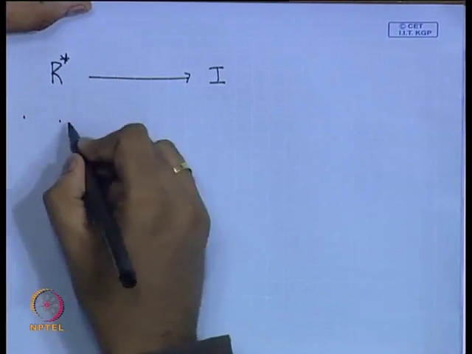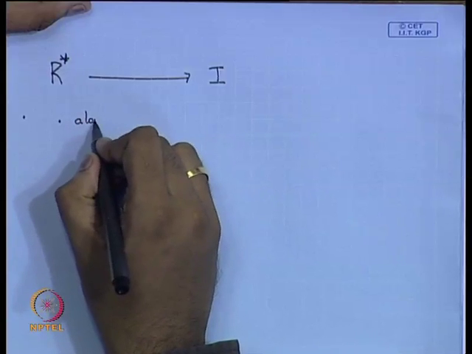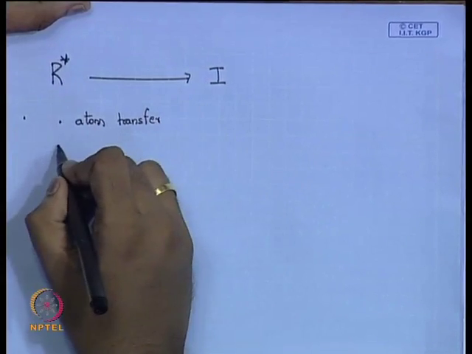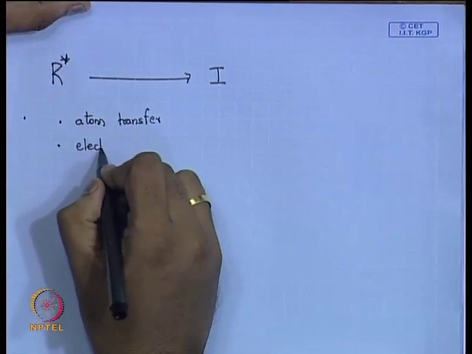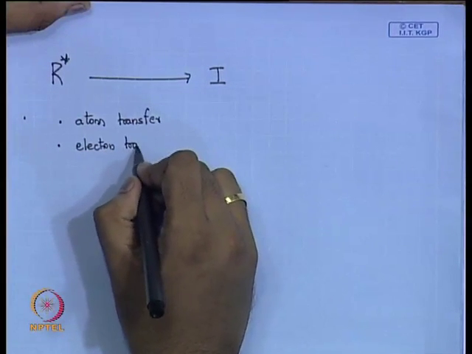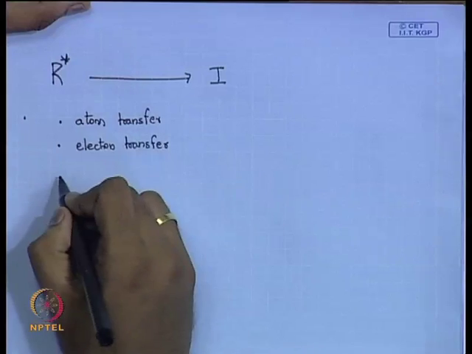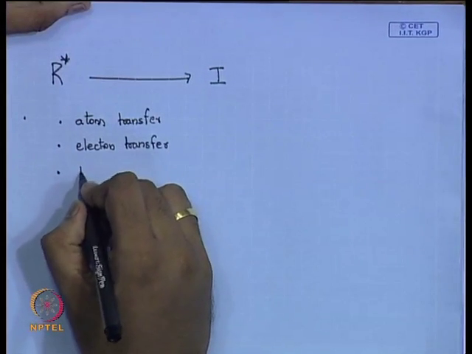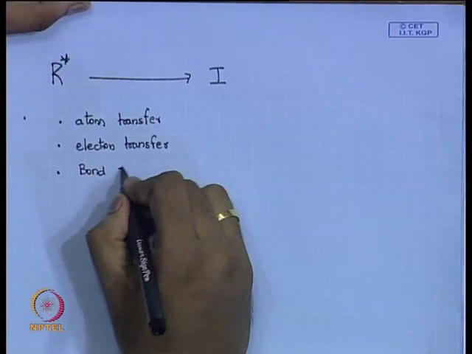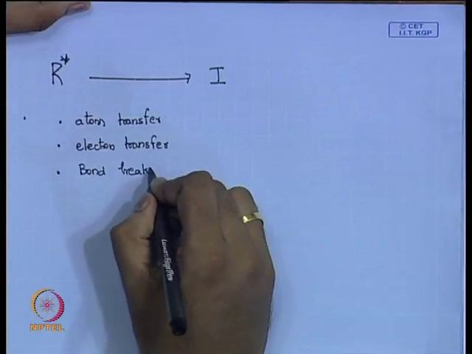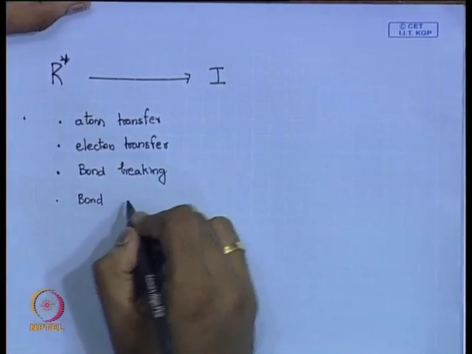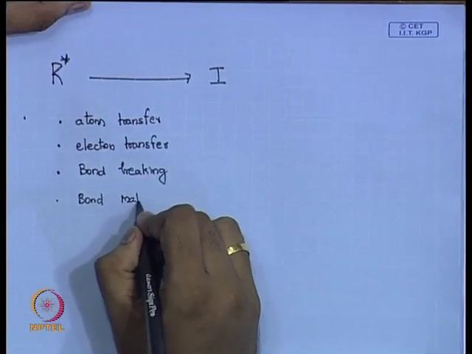Your R star can do an atom transfer, it can do an electron transfer, or it tries to do bond breaking, or bond making, or bond formation, whatever it is.